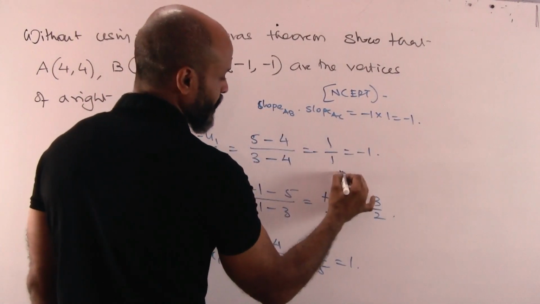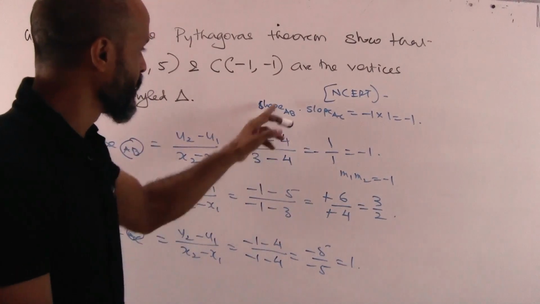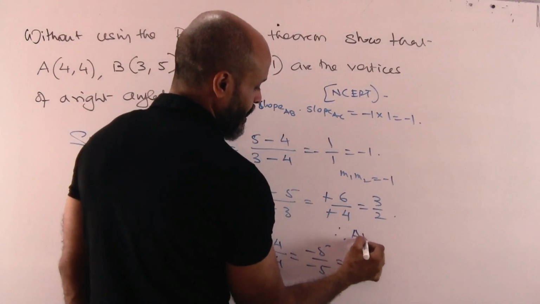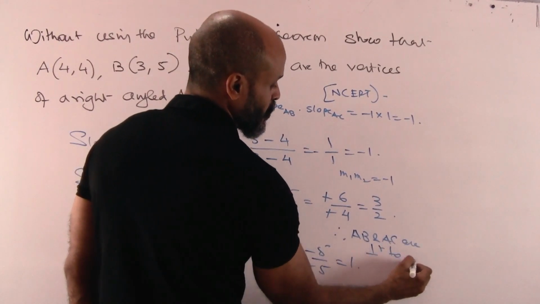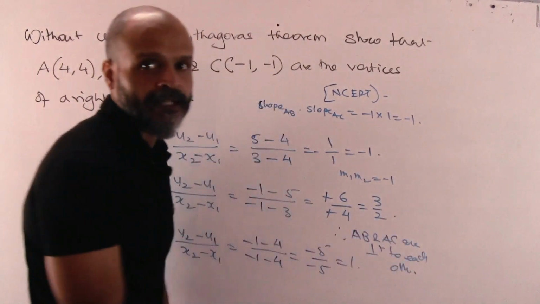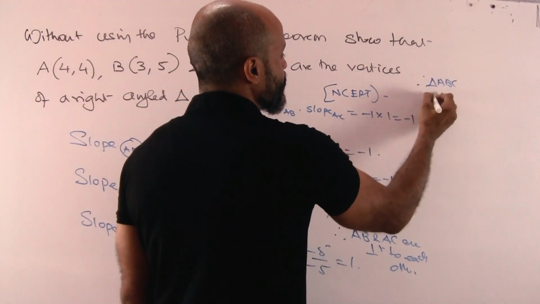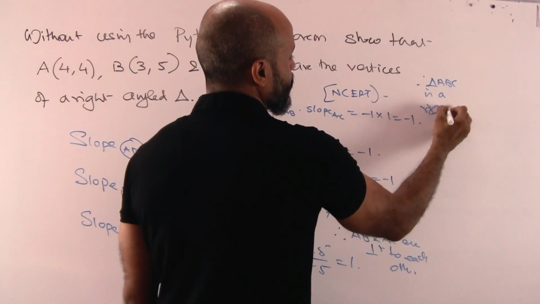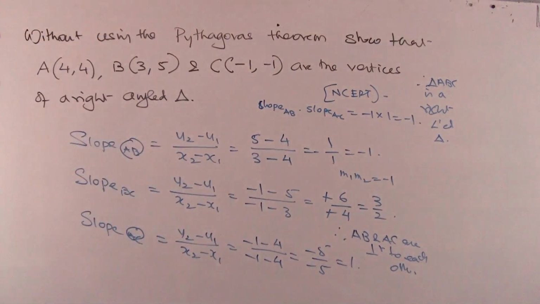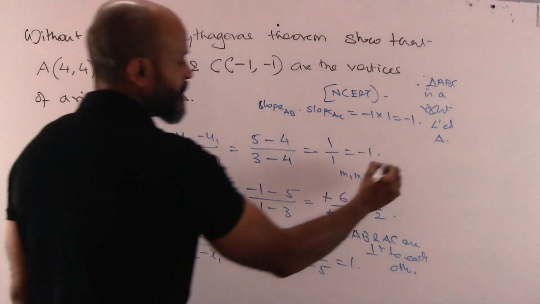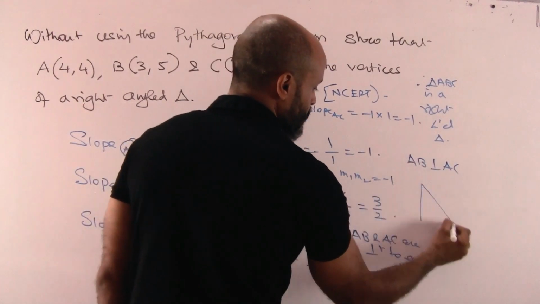And we know that if m1 m2 is equal to minus 1, then the lines are perpendicular. So we can say that AB and AC are perpendicular to each other, and therefore triangle ABC is a right angled triangle.